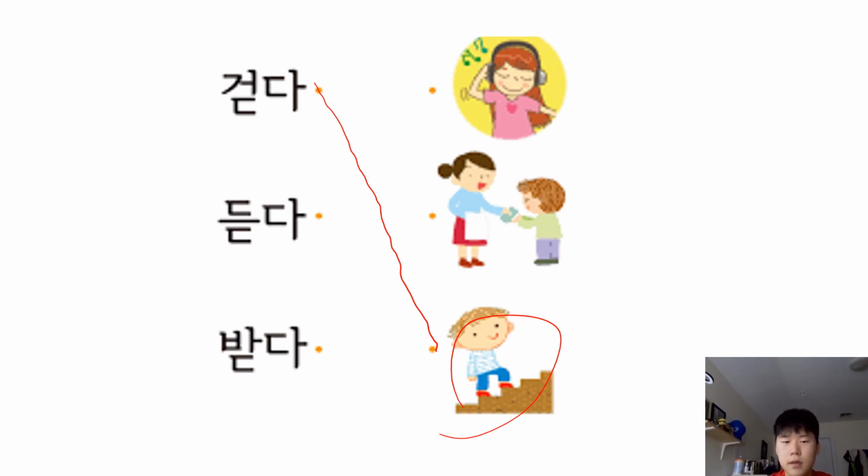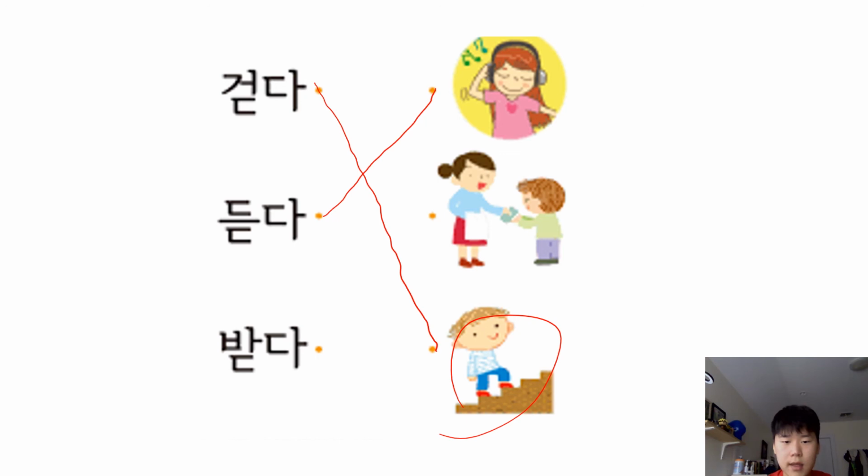Okay, now the second word is 듣다, which means to listen. Do you see any picture with someone that's listening? Yep, it's the first photo. So let's draw a line from 듣다 to that girl that is listening to music.